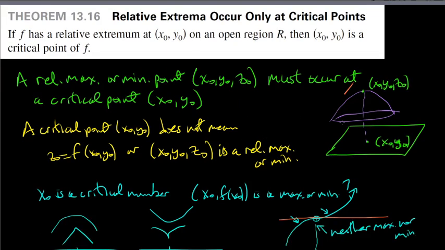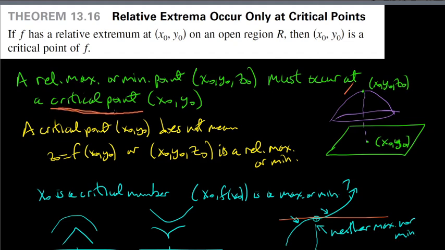So critical points could be a maximum or minimum, and in fact, that's where you look for them. If you're looking for a relative maximum or minimum, you've got to find the critical points first, because that's the only place you'll find a maximum or minimum. But when you find the critical points, you have to check that you have an actual maximum or minimum.